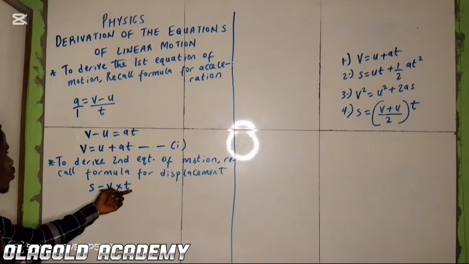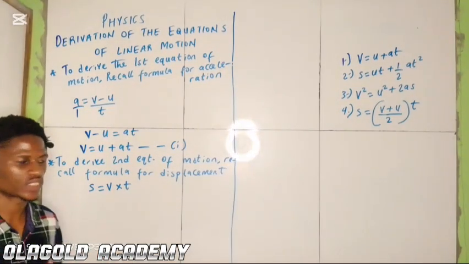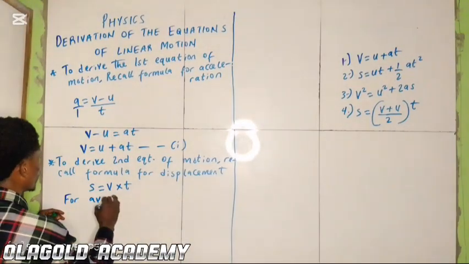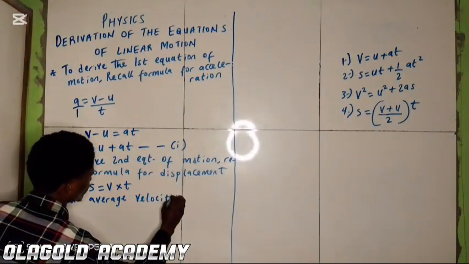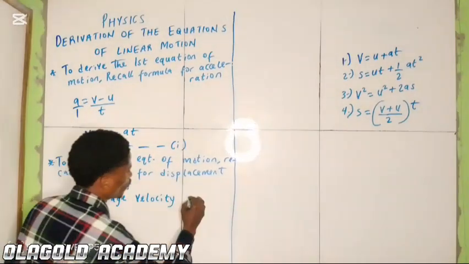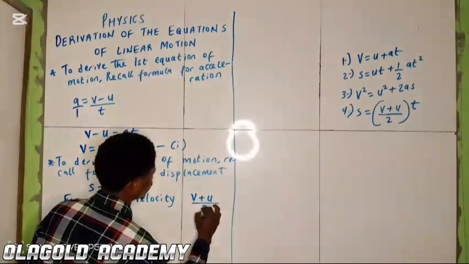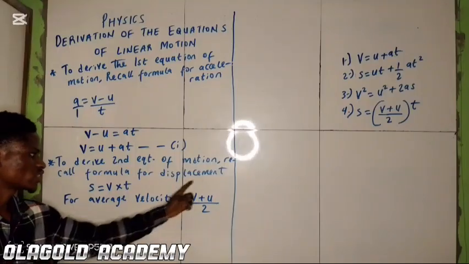Now, with this being done, in the case of average velocity, we are going to have V plus U over 2. So what's the next thing here?